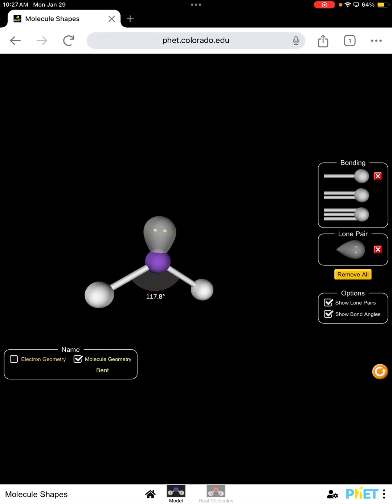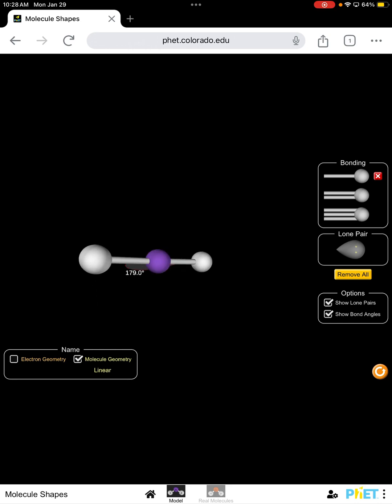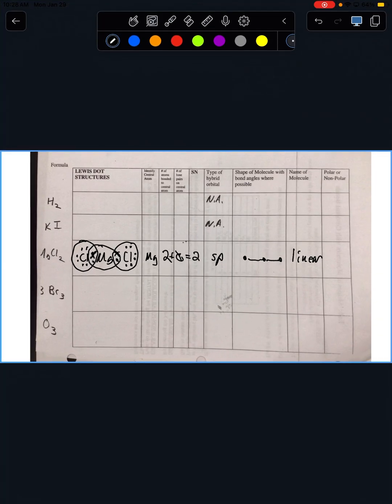No, that's not right. It would actually be less than 120. It's not 120. Whoever programmed this is wrong. This is right. The bond angle here is 109.5. Nope, that's wrong too. It should be 104.5. Anyhow, you can do that or build a molecule. It's symmetrical, so it's going to be nonpolar.